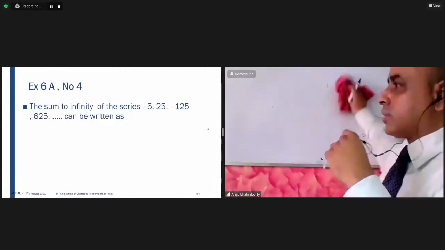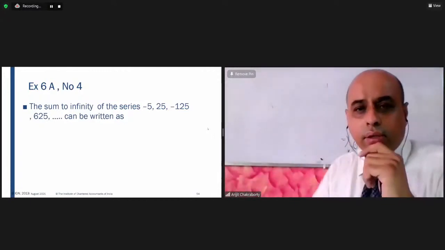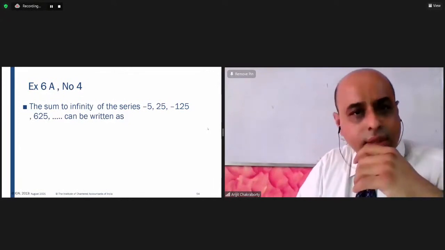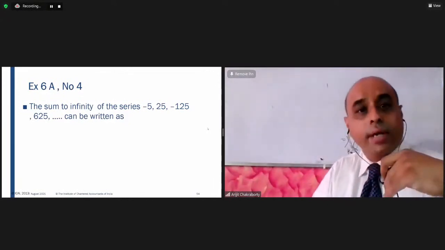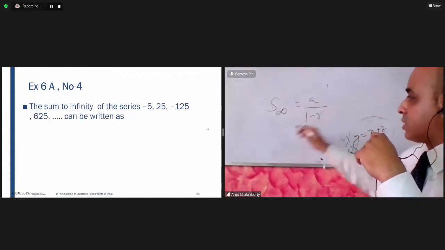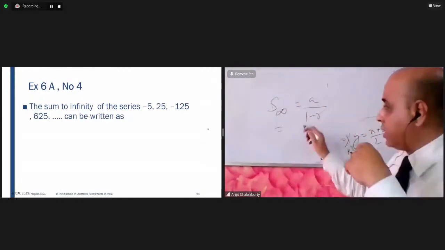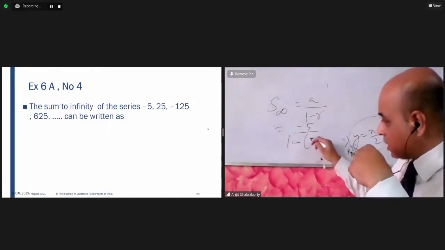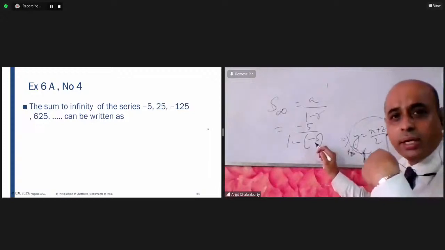Just a one-line answer. You can see that here the common ratio is -5, right? And -5 means its magnitude is... it is less than 1. Therefore, the formula can be applied, and as you know, S infinity equals A divided by 1 minus R. Here A is how much? Here A is -5. 1 minus R means 1 minus -5. Be careful about the sign, as I told you.